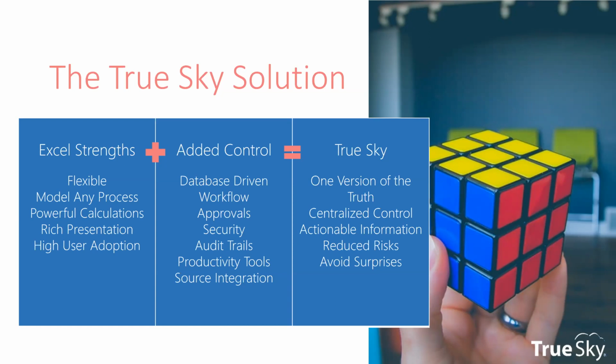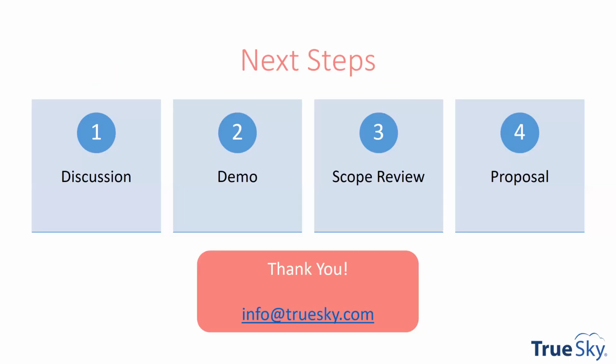We added workflows, approvals, security, audit trails, the integration to your ERP system or whatever other applications you have, as well as a whole bunch of productivity tools to turn Excel into an enterprise budgeting solution, where you have one version of the truth, everything's centralized, you've got information that's actionable, you reduce your risk, and ultimately you reduce any surprises.